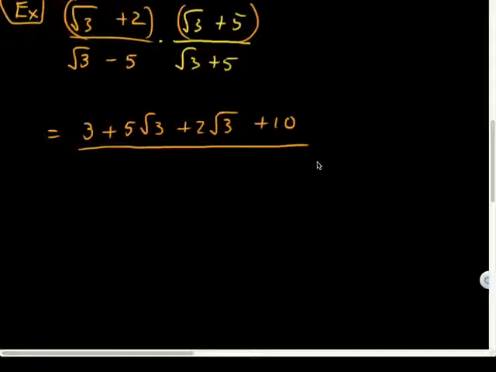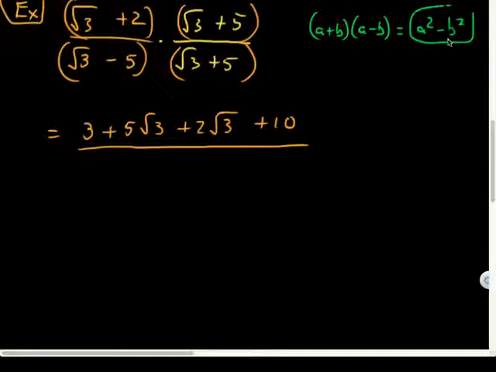That's a little better. And in the denominator, I multiply those guys. And I could double distribute again, or better yet, let's use a pattern. I know A is the root of 3, B is 5. What's this equal to? A squared minus B squared.